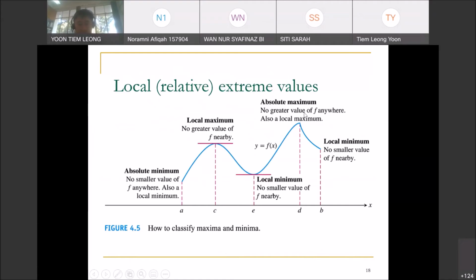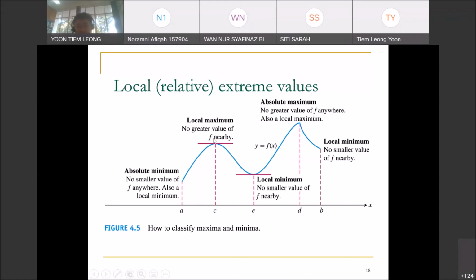Okay, so before I leave these slides, this is just a good example showing you what the local maximum and local minimum are. For a continuous function between A and B, you must have an absolute maximum and you must have an absolute minimum. So here, this is the absolute maximum and this is the absolute minimum. And you could also have local maximum and local minimum.